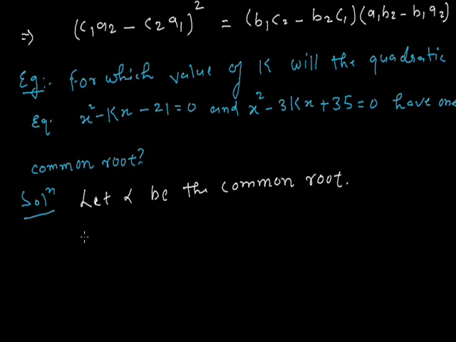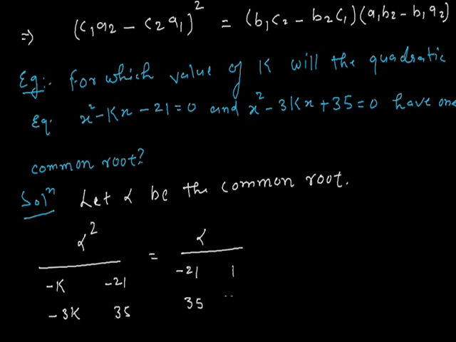Then alpha square upon minus k minus 3k, minus 21, 35, and alpha upon minus 21 minus 35, 1 1, and 1 upon minus k minus 3k.